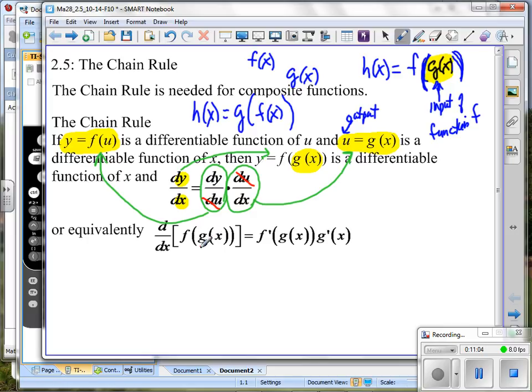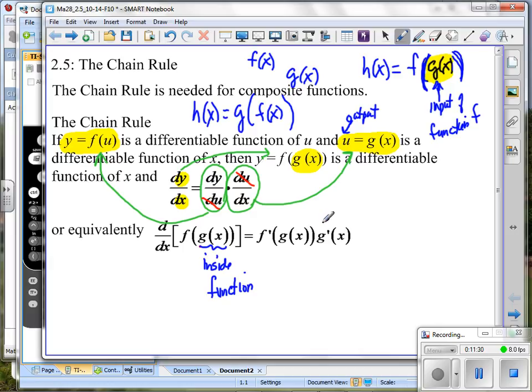So it is the input, and yet I'm going to think of it as the inside function. Its output becomes the input of function f, but we also then use the words inside, outside, because that function literally sits inside function f.